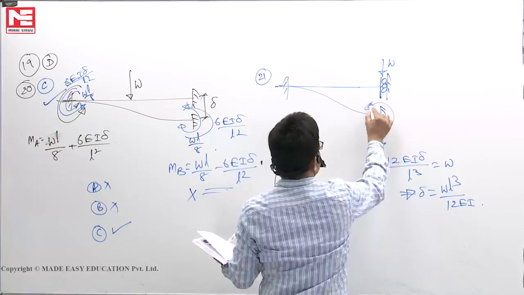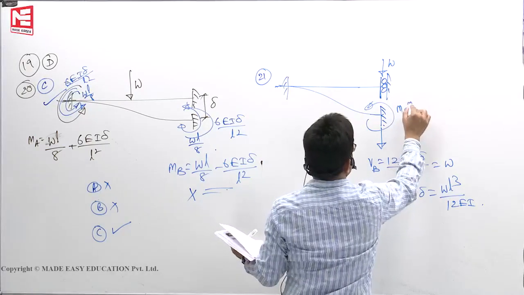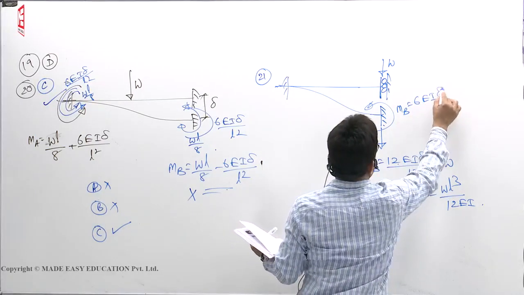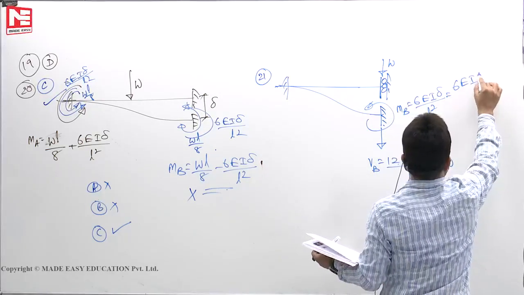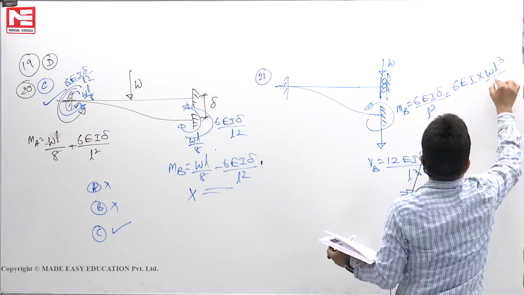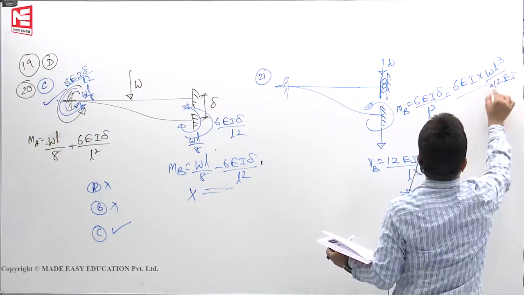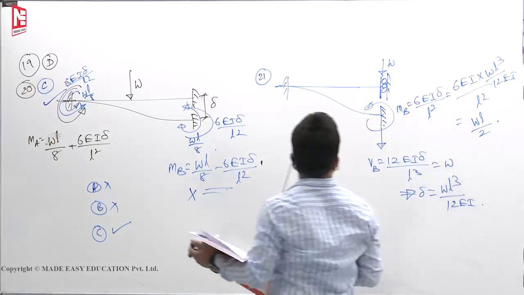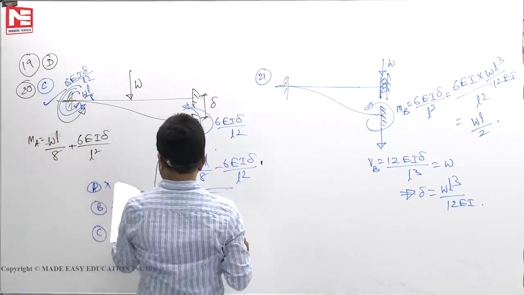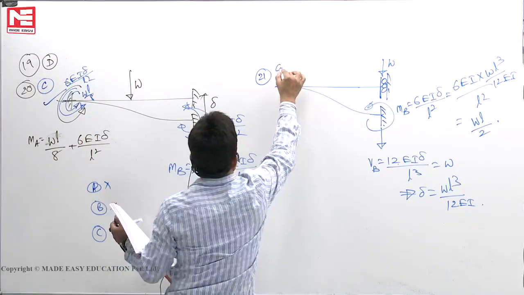Now fixed end moment also will develop, MB is 6 EI delta by L square. So 6 EI delta means WL cube by 12 EI by L square. So you will get WL by 2. So 21, WL by 2. C is the answer.